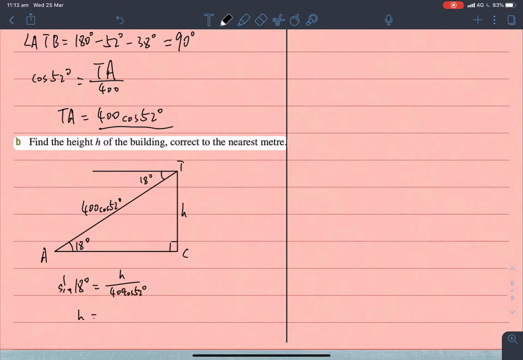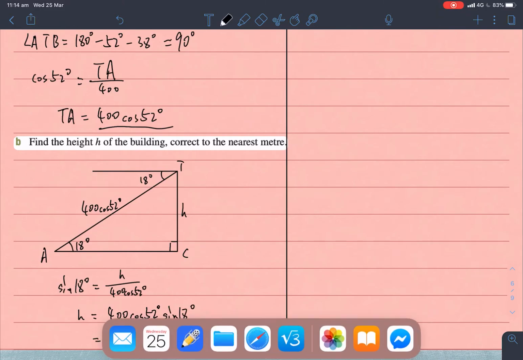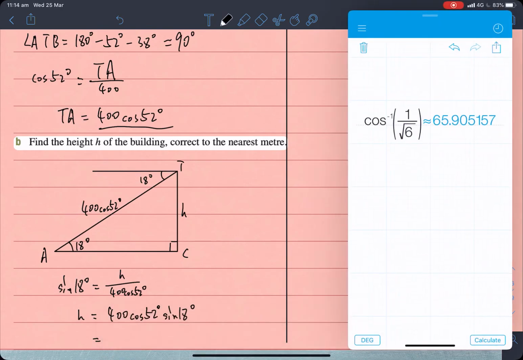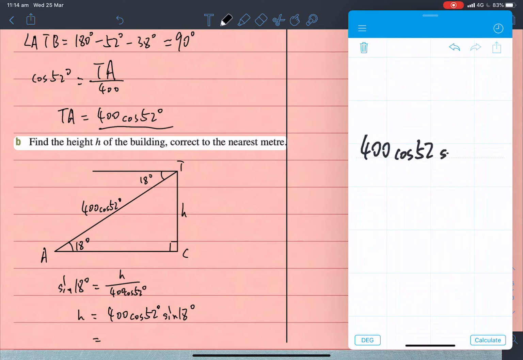So the height is 400 cos 52 degrees times sine 18 degrees. I'm going to bring back the calculator again. So it's 400 cos 52 times sine 18, which gives 76.1.